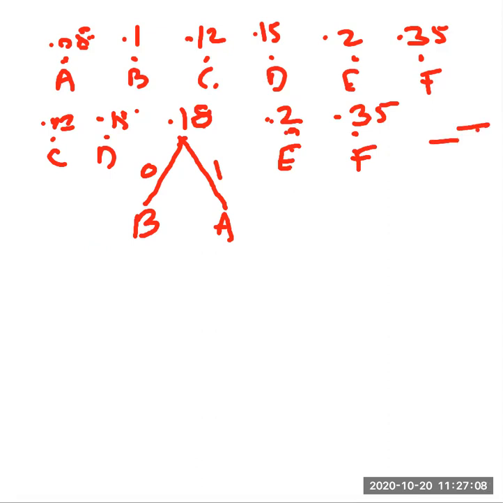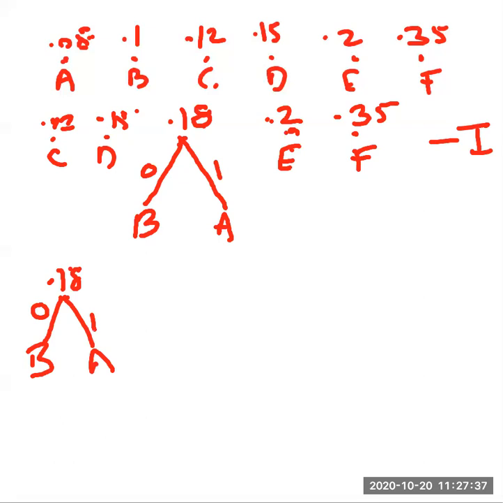I'll name this step 1. In step 2, combine again the two smallest ones. So 0.12 and 0.15 can be combined, and it will become 0.27. Sort according to the weights after combining. The first will be 0.18, which is B and A, 0 and 1.